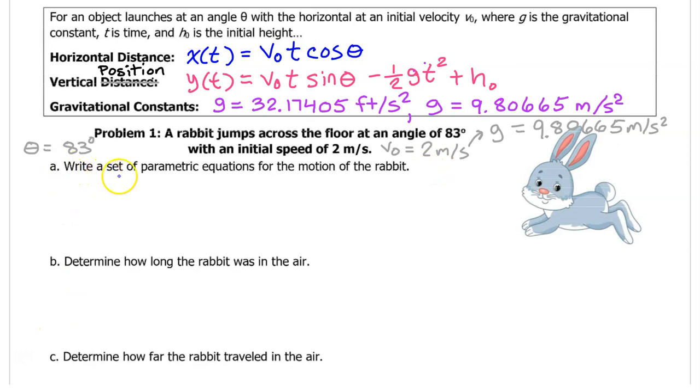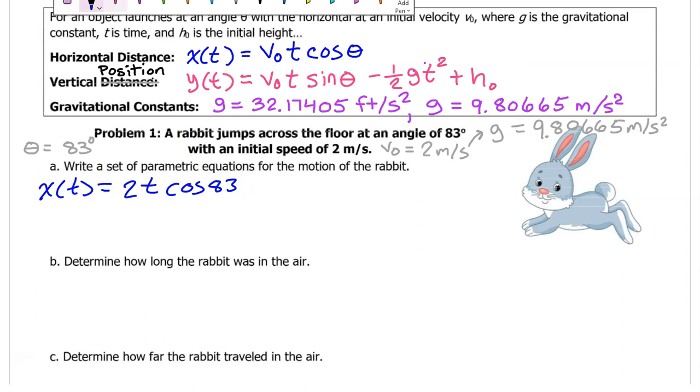Part A. Write a set of parametric equations for the motion of the rabbit. Well, these are the parametric equations right here. It's just going to be the horizontal position and the vertical position. So here we go. x of t is going to equal v0, might as well just go ahead and put 2, t cosine theta, cosine 83.